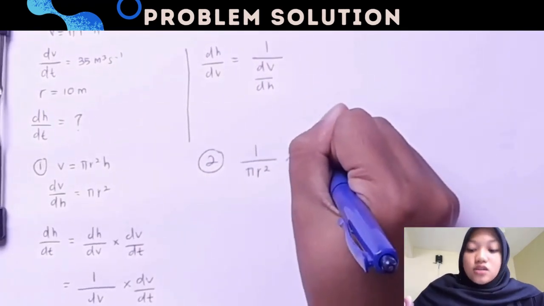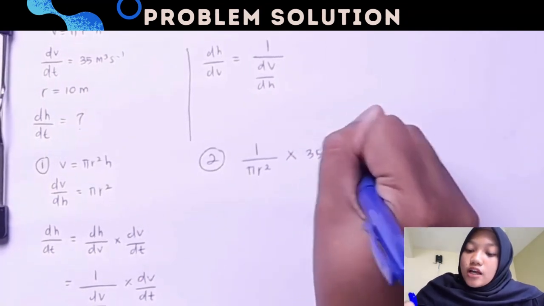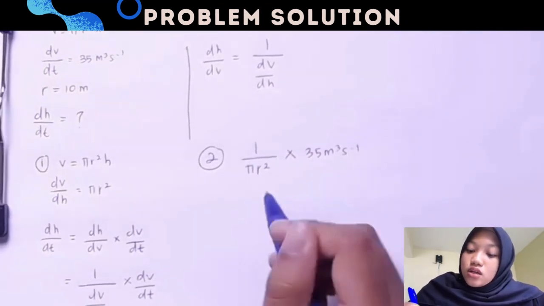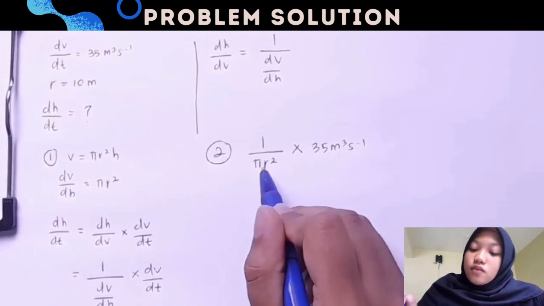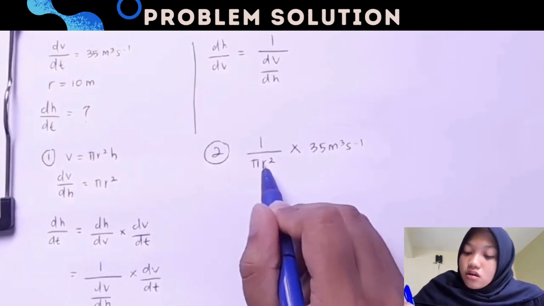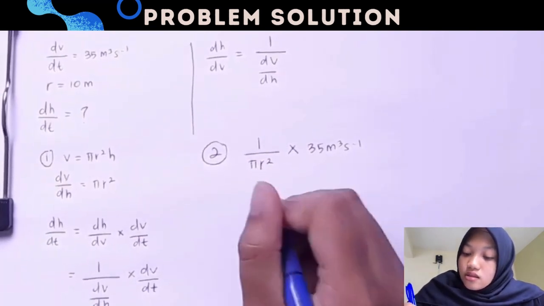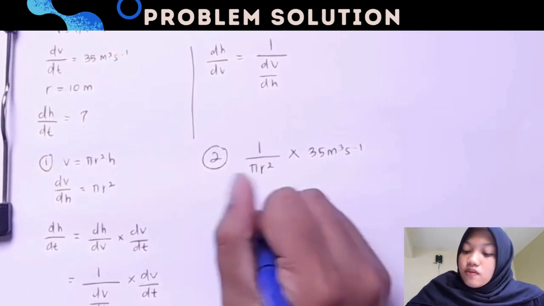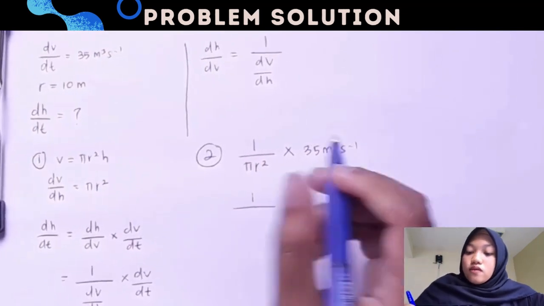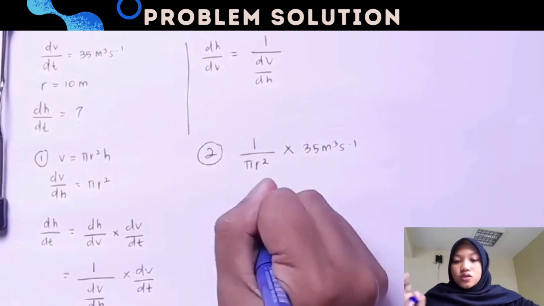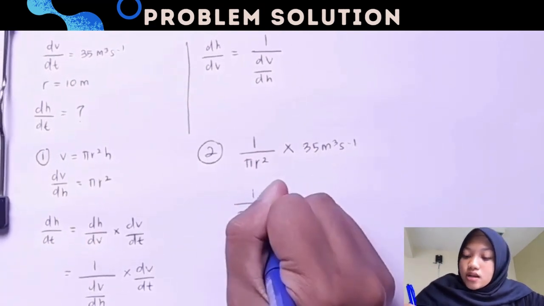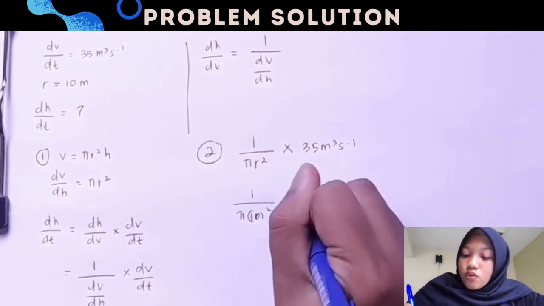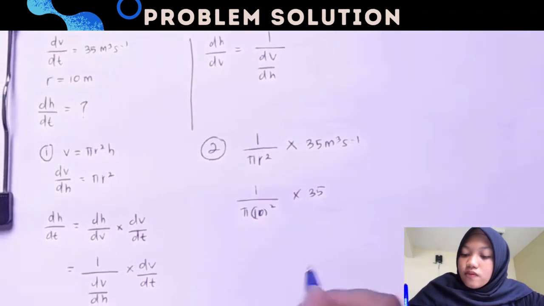In this question, we have to put in the value of r. We already know the value of r is 10 meter. So pi times 10 squared, multiplied with 35. If you calculate 10 squared, we will get 100. So 1 over 100 pi multiplied with 35.